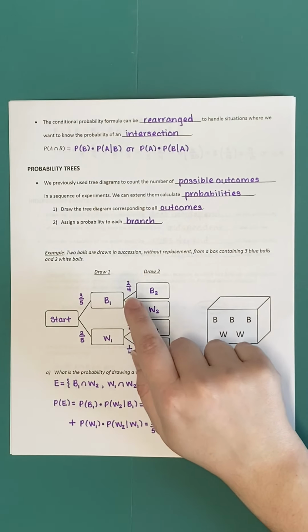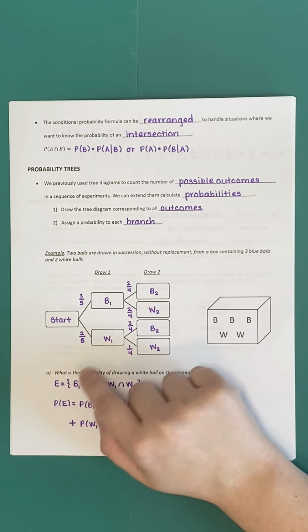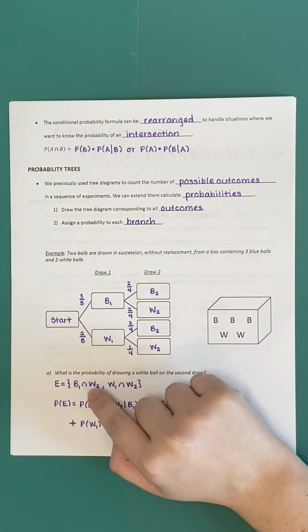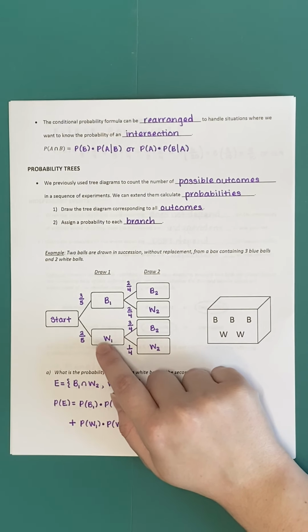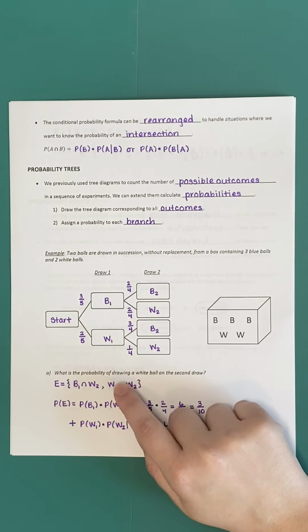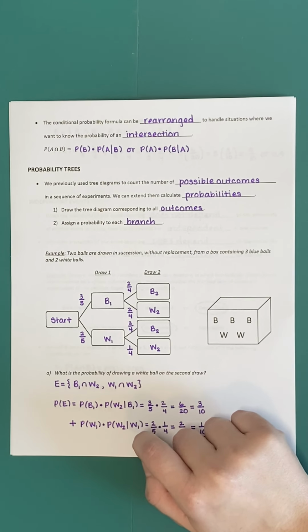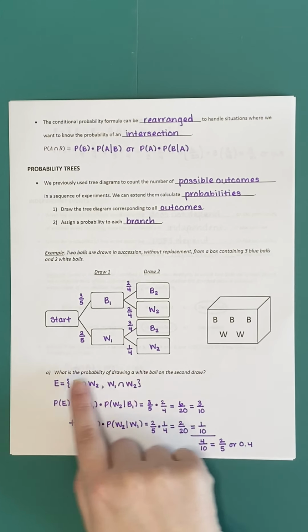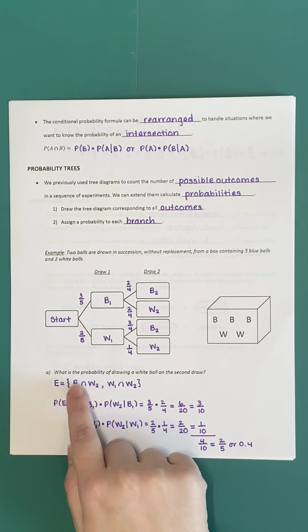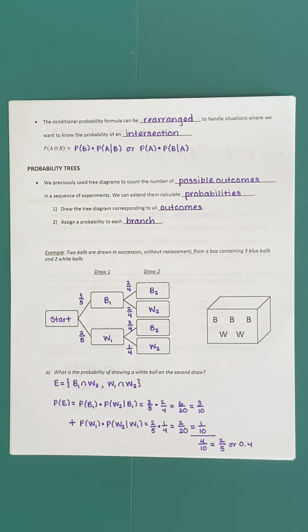So the event in question could be blue 1 intersected with white 2. That's a possible way that we could draw a white ball on the second draw. Or it could be white 1 intersected with white 2. That's another way to draw a white on the second ball. So when we look at the probability of this whole event, we have to consider the probability of both of those possible outcomes.